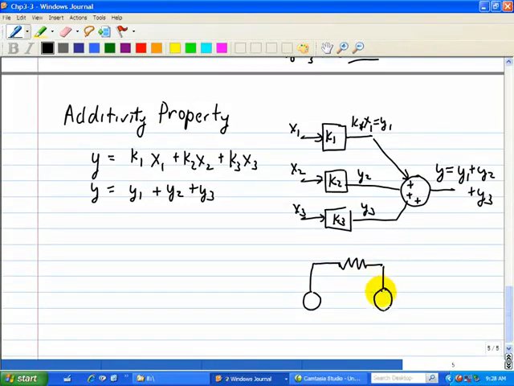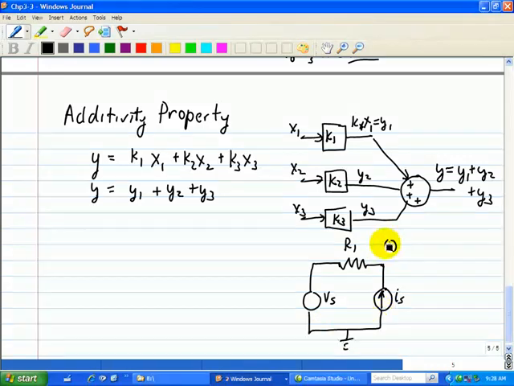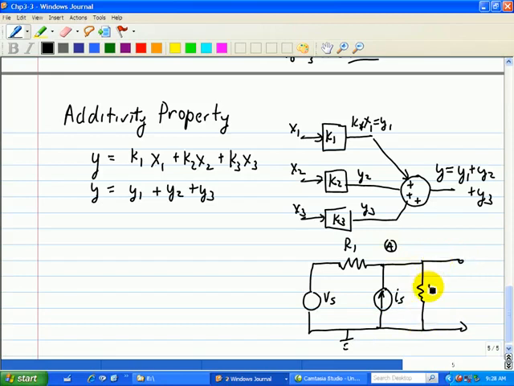We have two sources of input, one due to a current source, one due to a voltage source, and we have a resistor R1 at node A. Here's our ground point, and we have another resistor R2, and we want to know what our output is, VO, with the polarity as shown here.